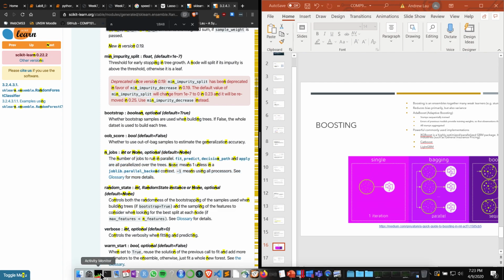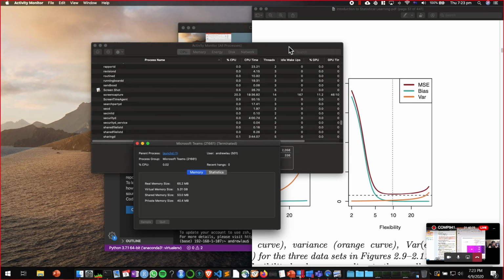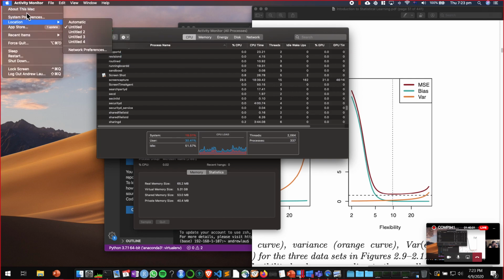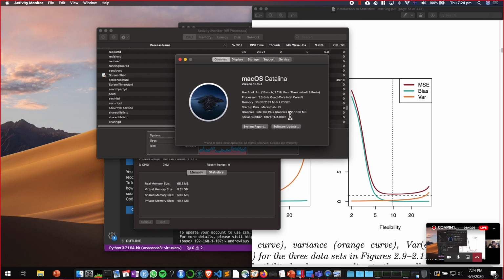How many threads do I have? I think I've got eight threads or something. Okay, I've got a quad core, and each core is hyper-threaded or something. I don't know what the terminology is, but all I know is I've got eight threads.